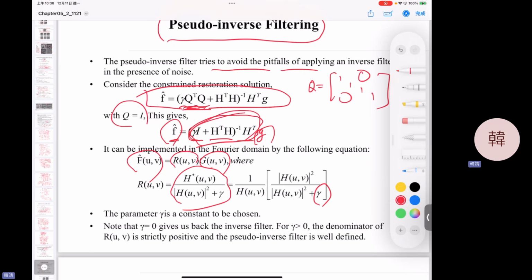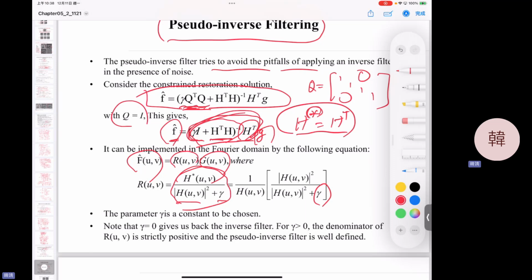Actually, the complex matrix equals the transpose matrix in the Fourier transform domain. So H star is equal to H transpose. So it's the complex conjugate, and this is the transpose. If you see this in your textbook, you can see the H transpose transform is a conjugate in the Fourier domain, and this is in the denominator, and it's the R transform, and H transpose times H becomes H squared.